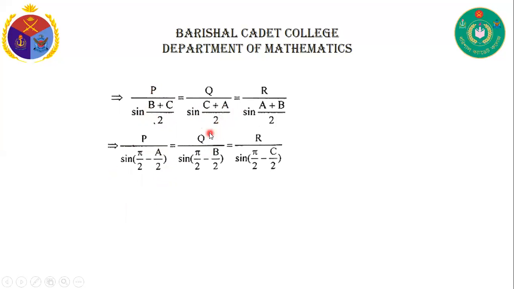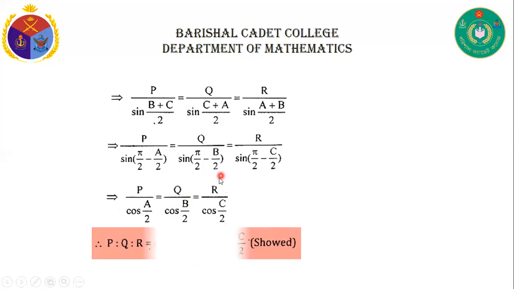Similarly, (C plus A) by 2 equals pi by 2 minus B by 2, and (A plus B) by 2 equals pi by 2 minus C by 2. So using the quadrant rule, P by cos A by 2 equals Q by cos B by 2 equals R by cos C by 2. So P is to Q is to R equals cos A by 2 is to cos B by 2 is to cos C by 2.